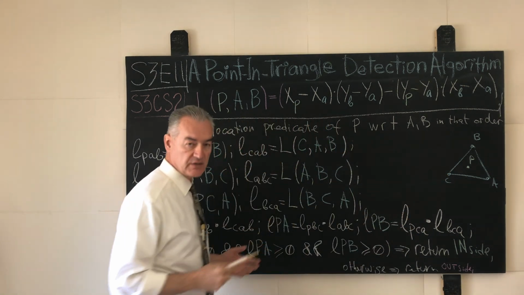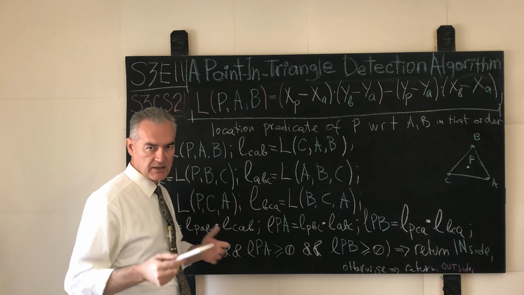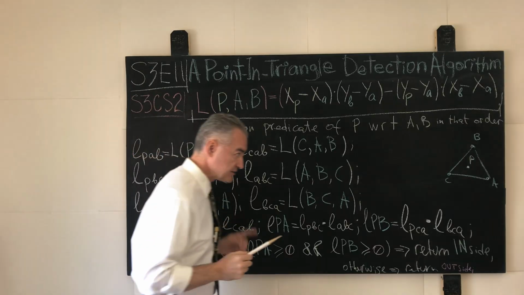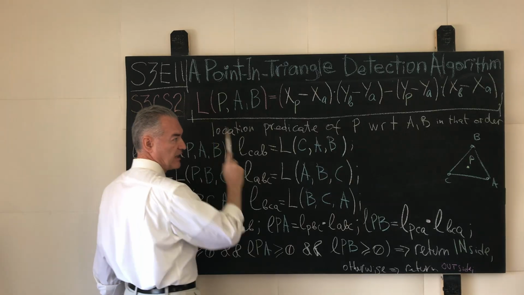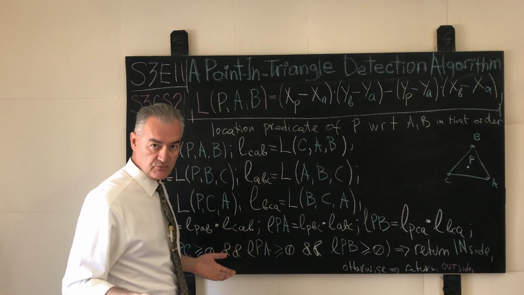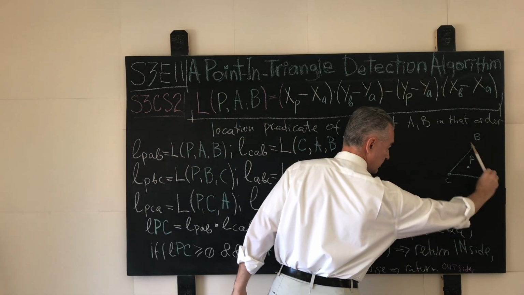We already know that. And regardless of which silly names we use, left, right, top, bottom, above, below, it doesn't really matter, as long as the values of their location predicate agree on the sign, then evidently, by the theorem that we proved, they must be on the same side of the straight line AB.